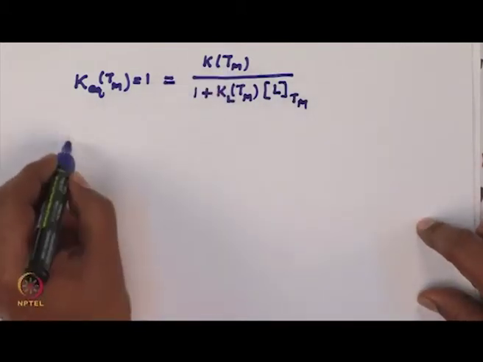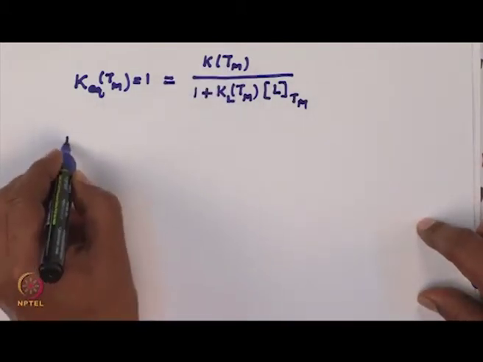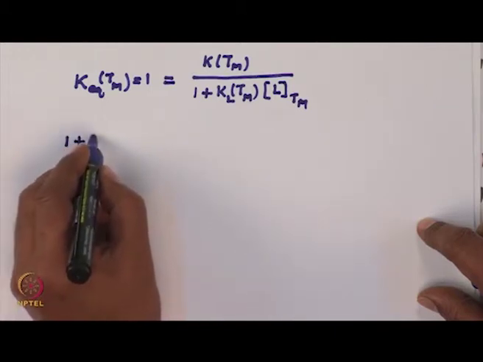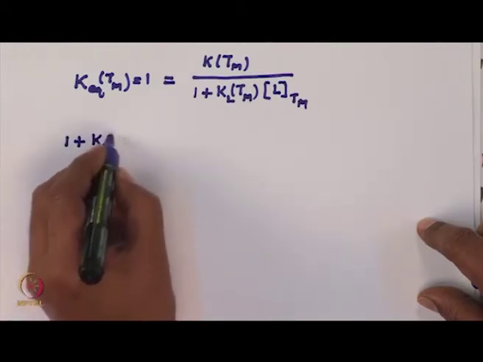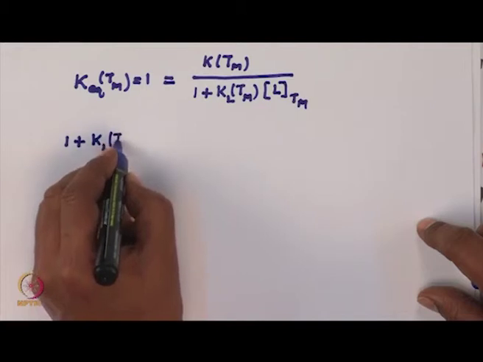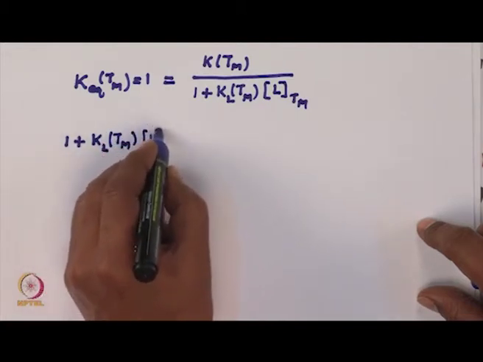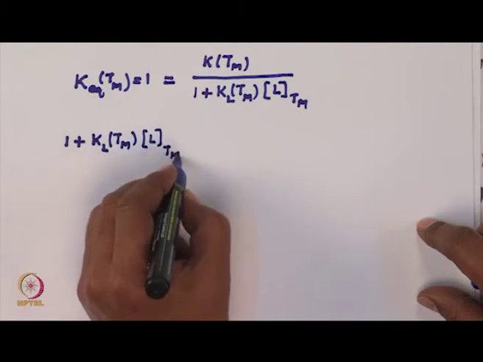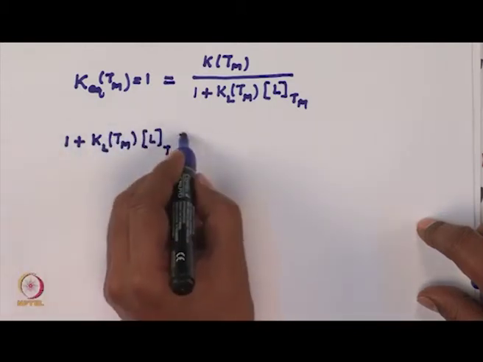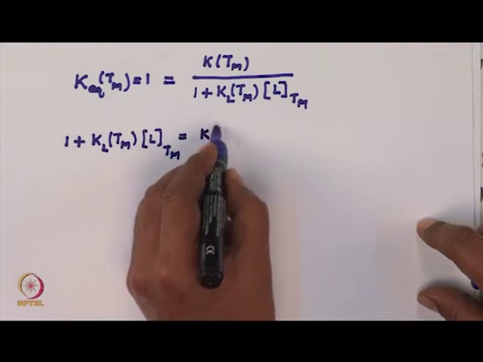So from this I can write this equality, 1 plus Kl at Tm into concentration of L at Tm is equal to K at Tm.